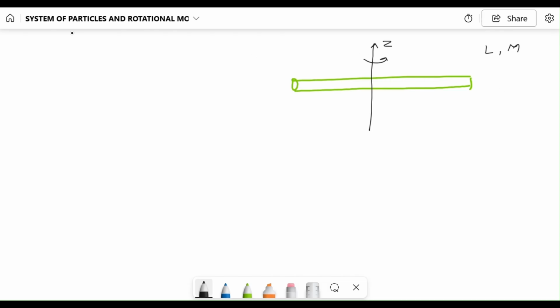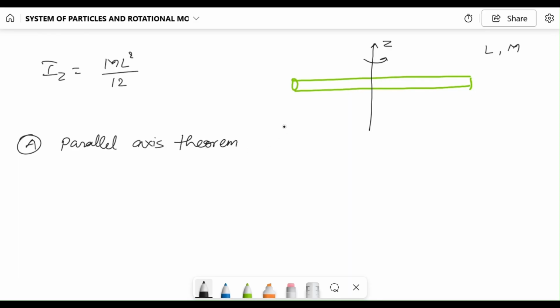About this z axis, its moment of inertia we have obtained as mL square by 12. Now I'm going to introduce the parallel axis theorem. For any axis which is parallel to this z axis, we can obtain the moment of inertia about that axis. So this is passing through its center of mass. We can say this rod is uniform.